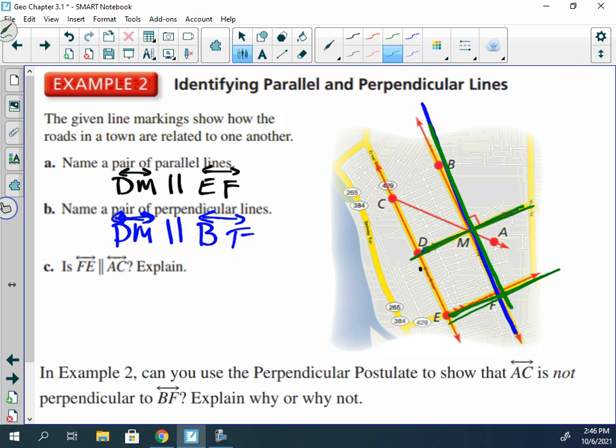I mean, question B. Name a pair of perpendicular lines. So DM, BF. F is down here. So this line and this line. Because of this right angle here, it's saying that these two cross at a right angle, so it makes them perpendicular.